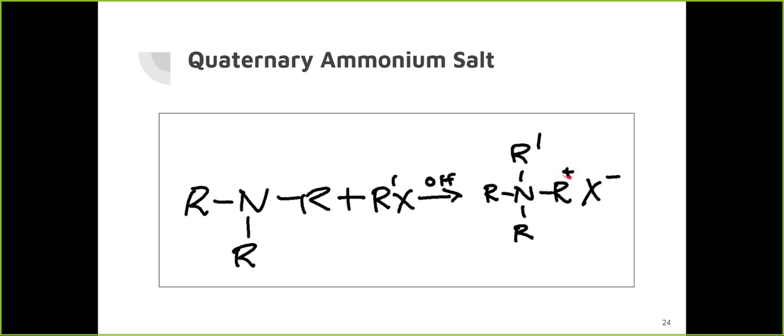So it's now got a positive charge, and then it forms a salt with your leftover negative charged halide.